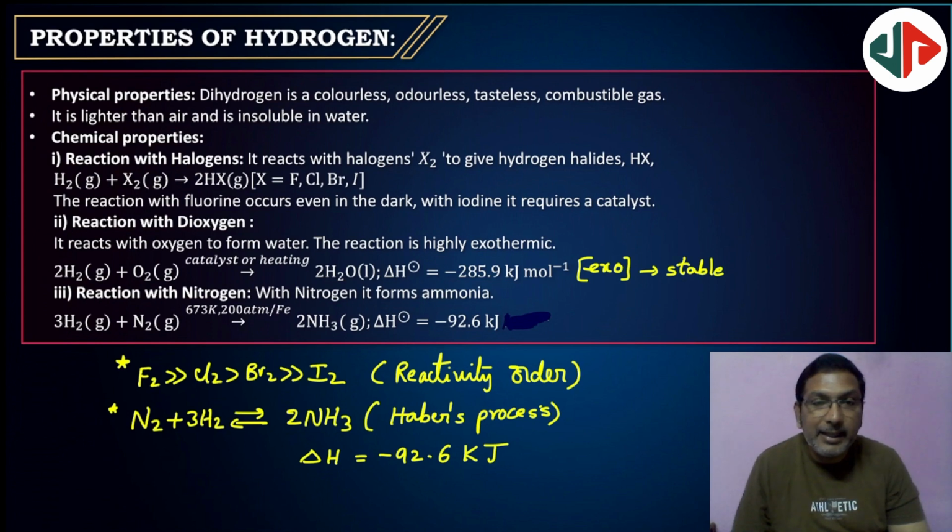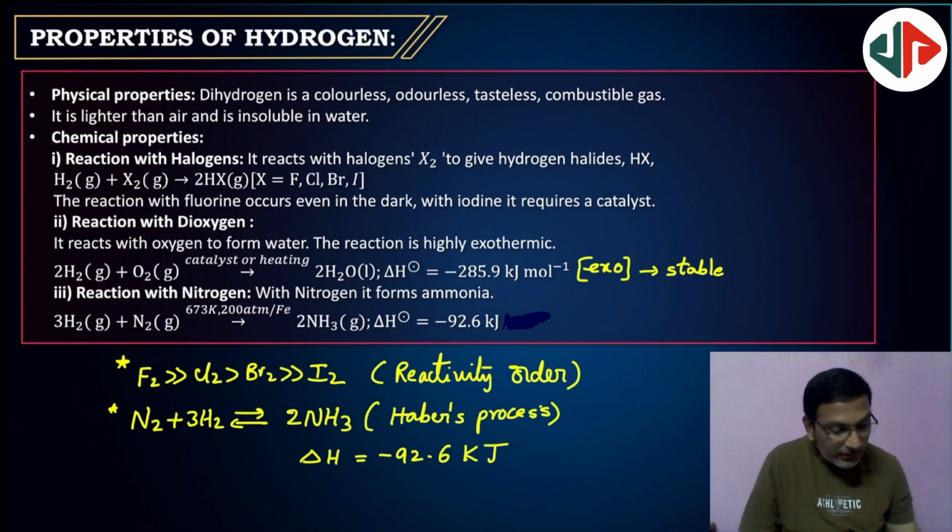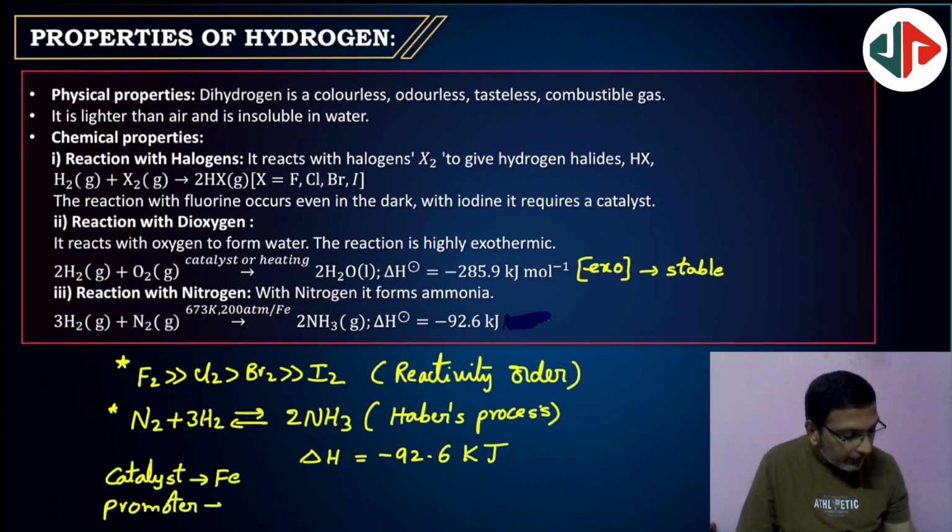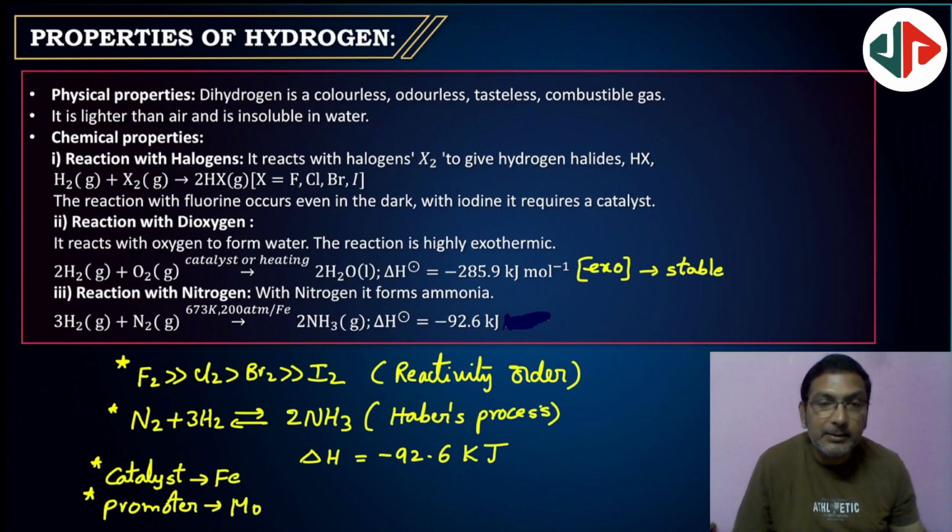In Haber's process, the catalyst is finely divided iron and the promoter is molybdenum. Remember these points.